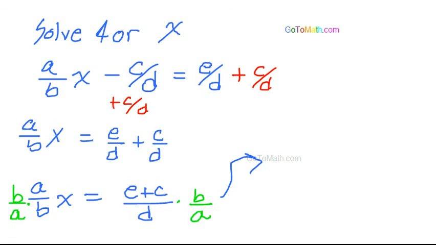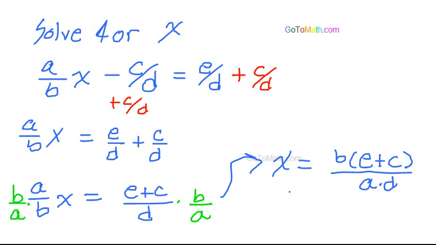We're left with x is equal to, and now we can take this b and rewrite this as b times e plus c over, and it doesn't matter, but we can put the a over here. It doesn't matter. I don't know what that green checkbox is programmed to do, but oh, wait a minute. That's right. We're plugging numbers in, so we don't have to deal with that anymore.